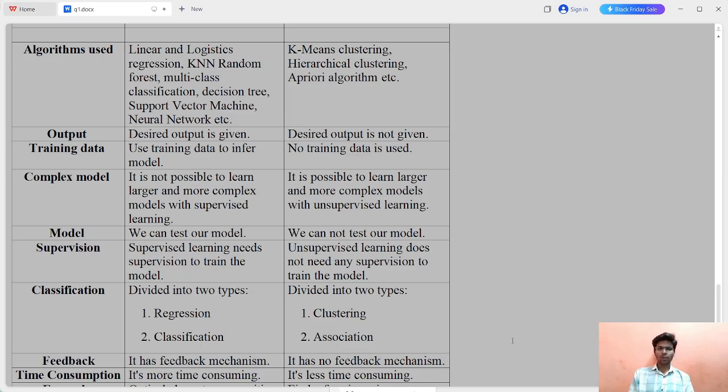Training data: supervised ML uses training data to infer the model. In unsupervised ML, no training data is used.